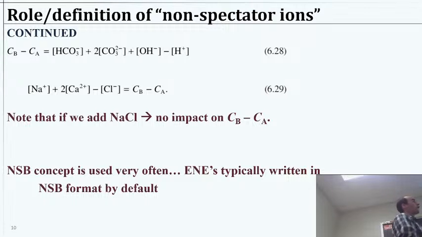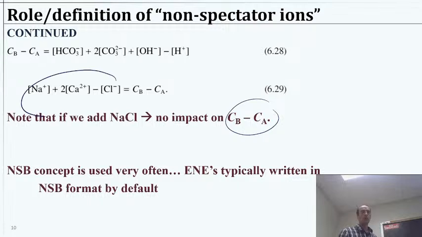If we have information anywhere about Cb minus Ca, maybe from an experiment like a titration, then we know what's on the other side of that equation, right? So maybe we do a titration experiment where we're measuring the stuff on the left side, maybe that's easier to measure, then we can know the sum over here on the right side. Okay, that's kind of the deal.